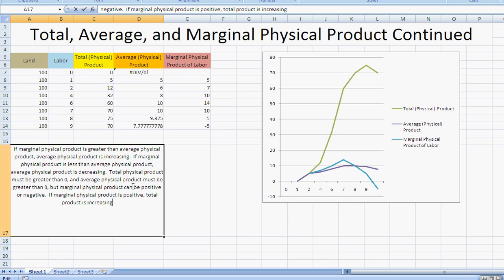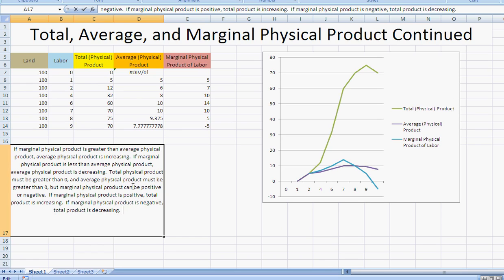Even though we're adding a lot more units of labor, of an input, our total product is still increasing. And if marginal physical product is negative, total product is decreasing. And that's this last entry right here, going from 8 to 9. We add one more unit of labor and we make less than we did before.